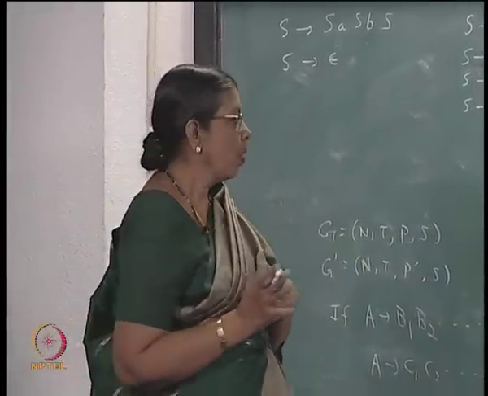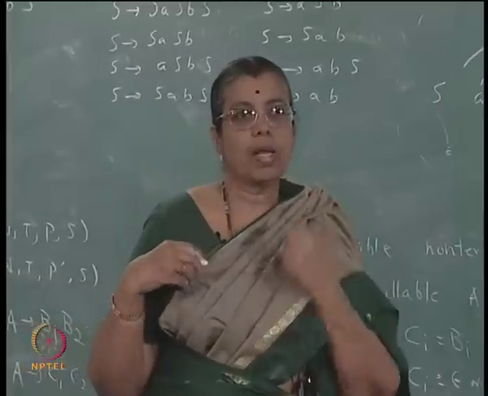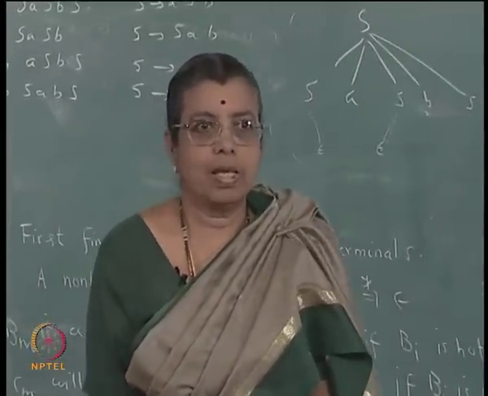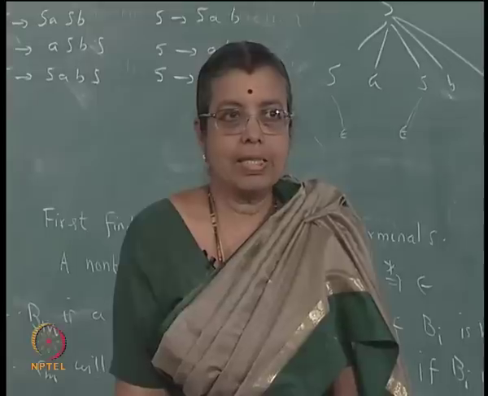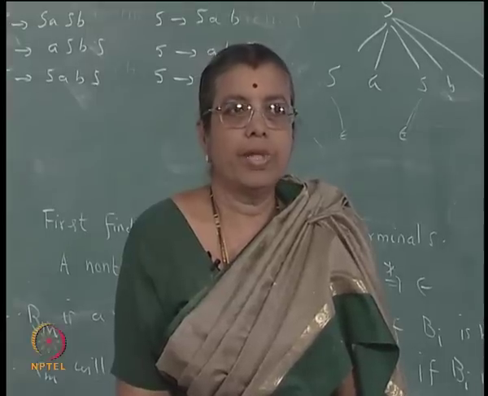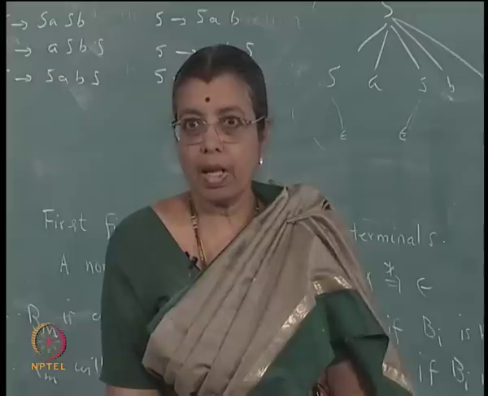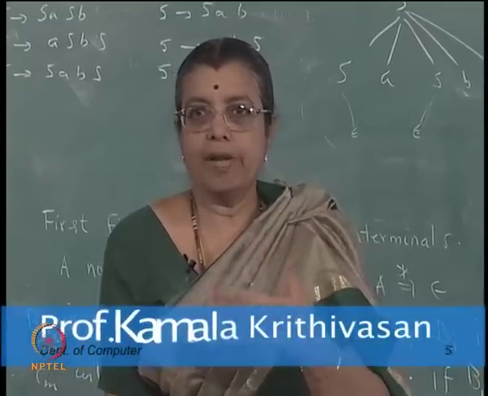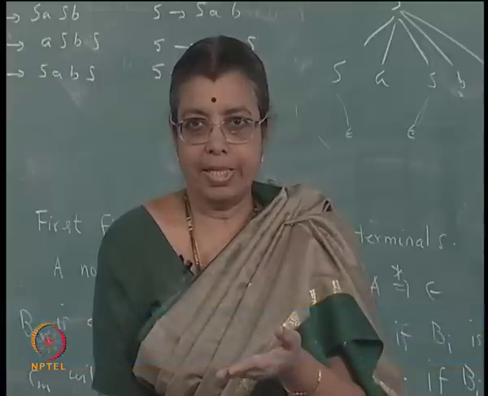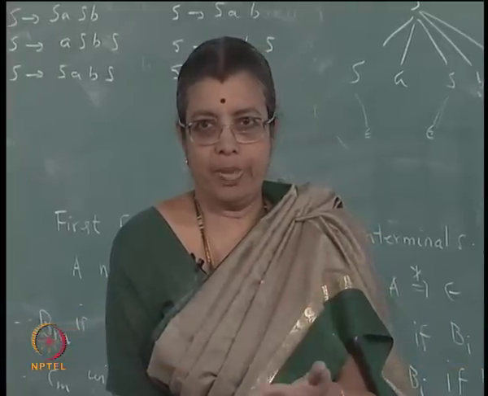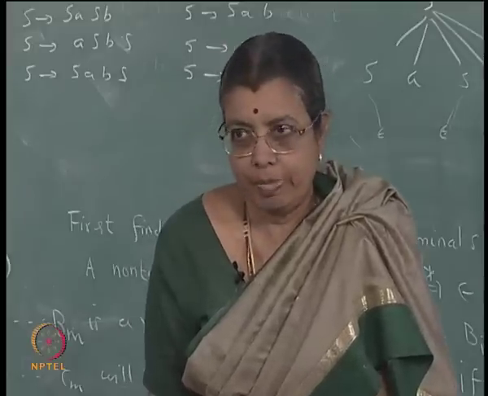So, given a context free grammar, you can remove the epsilon productions. I shall consider the removal of unit production in the next class, and you can remove the useless symbols. But you must note the order in which you do it. First you remove the epsilon productions, then you remove the unit productions, because the removal of epsilon productions may introduce unit productions.